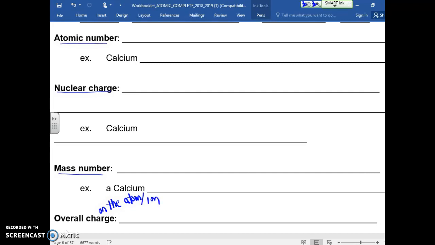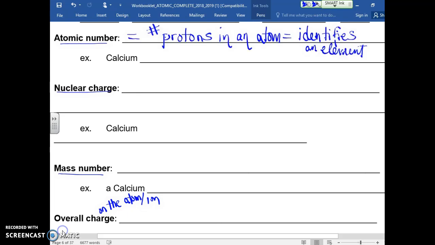First off, atomic number is simply equal to the number of protons present in an atom. And what identifies an atom, what distinguishes, let's say, calcium from carbon from uranium, is the number of protons. Calcium has an atomic number of 20, carbon 6, uranium 92.